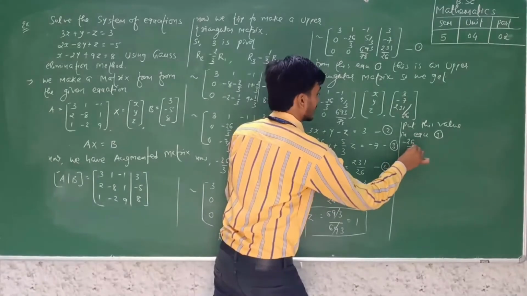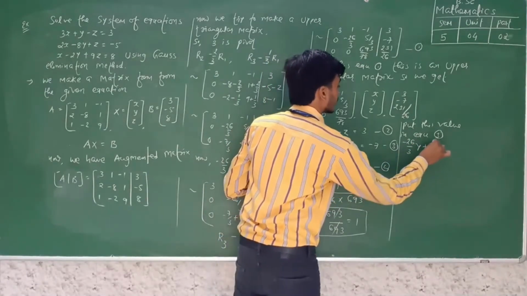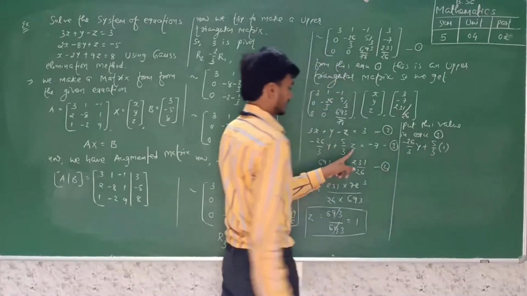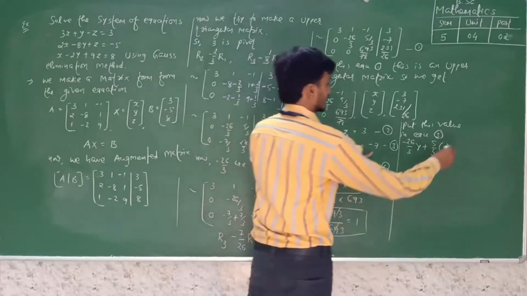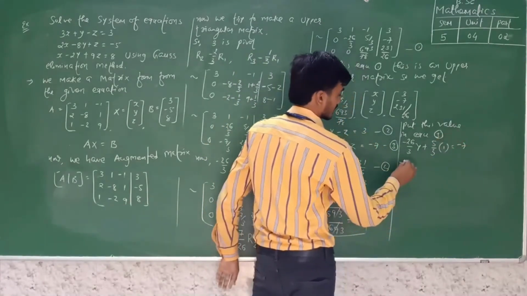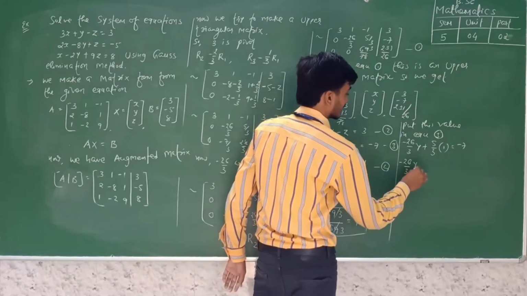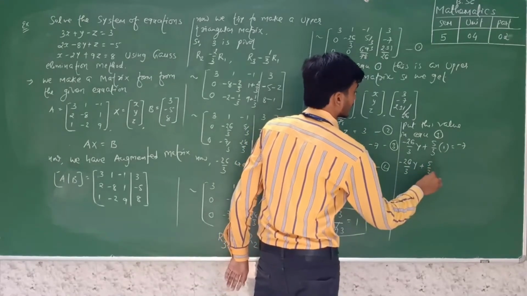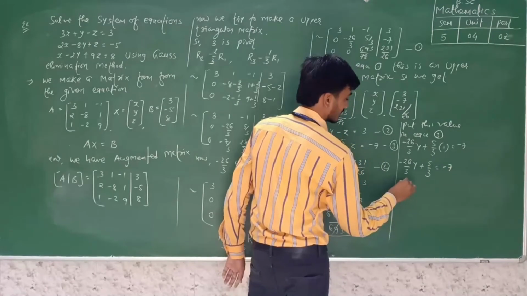So minus 26 upon 3 y plus 5 upon 3 z, with z equal to 1, is equal to minus 7. So minus 26 by 3 y plus 5 upon 3 is equal to minus 7.